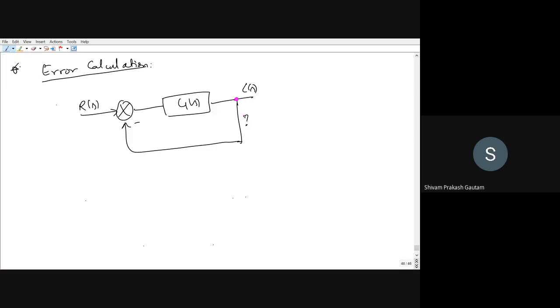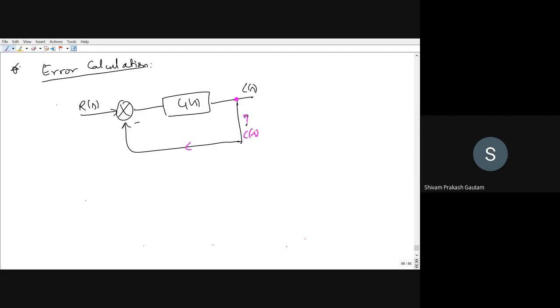So what is the signal flowing to this path? Anyone? C(s). Yes, C(s). Why? Because you can see C(s) is flowing to this path, right? So in the feedback path, C(s) will be flowing.